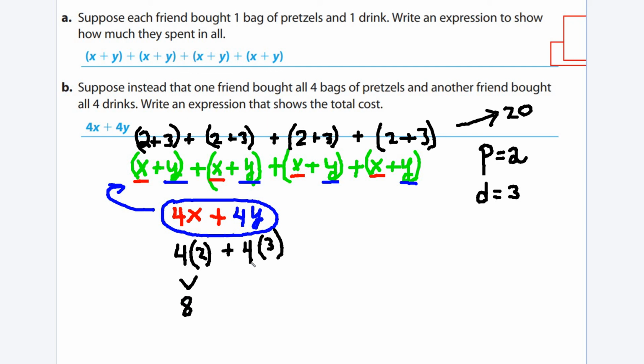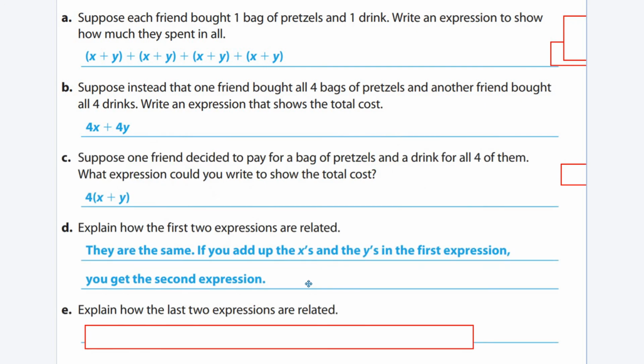Remember, order of operations tells us to multiply first before adding. 4 times 3 is 12. And there we go. 8 plus 12 will give us 20. So that's why both of these will be equal to each other. That's just checking it. So going back to this, they are the same. If you add up the x's and y's in the first expression, you get the second expression.